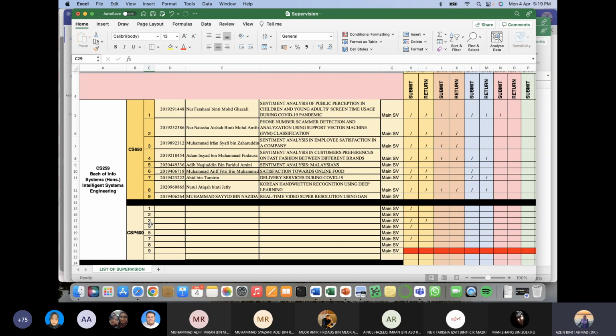That means we look at significance. If your project is significant enough, can give some impact to a certain community, a certain group of people, then insya-Allah no problem, because those are the things the examiners will ask at the end of the semester.